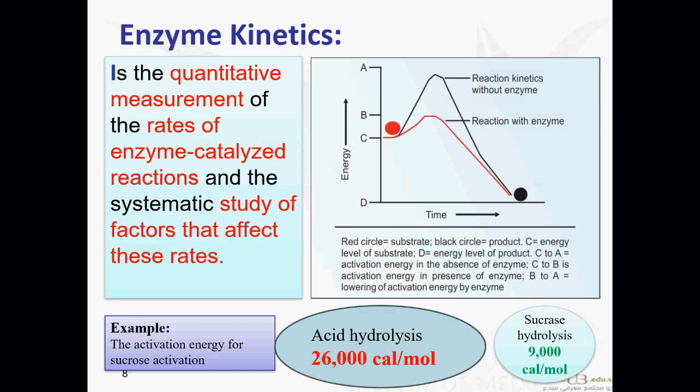So the sucrase will reduce the activation energy from 26,000 in the case of the acid hydrolysis to only 9,000 calories per mole for the splitting of the sucrose into glucose and fructose.